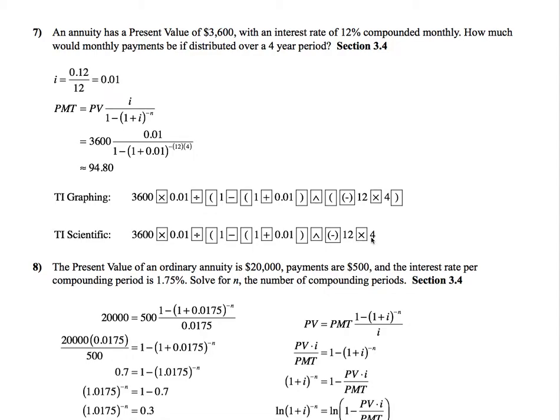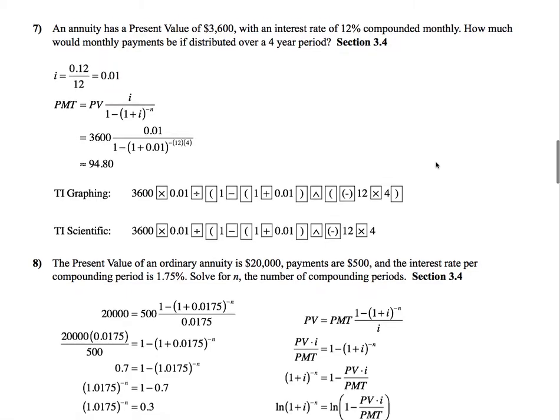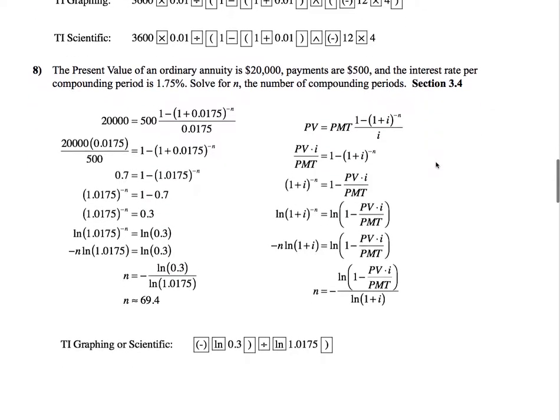And when you hit enter on this calculator, at this point, it definitely knows to close out the denominator, and it makes all the calculations in the correct order and gives you $94.80. So that's it for question 7.